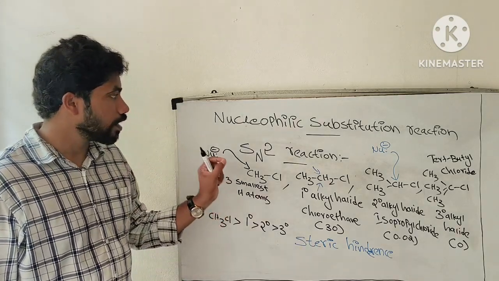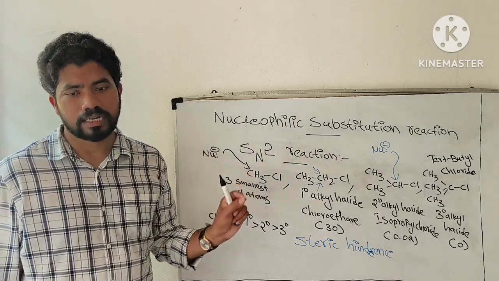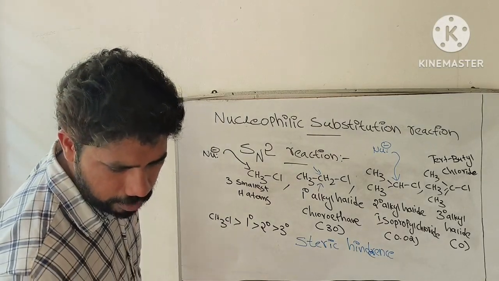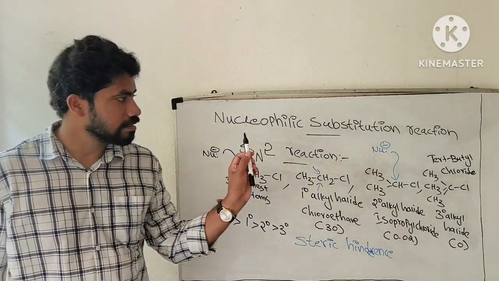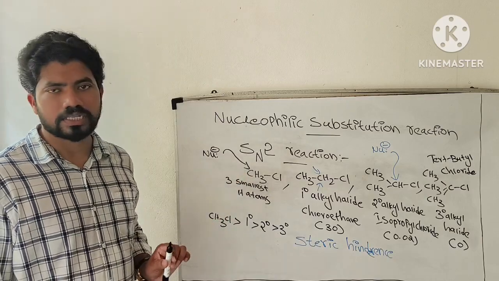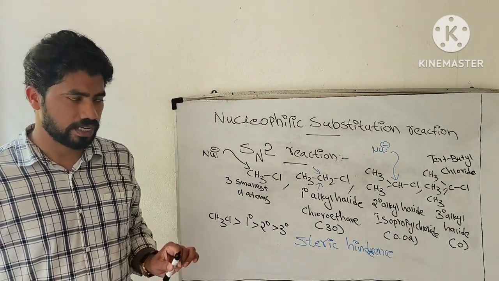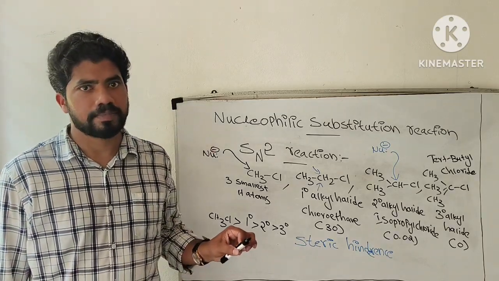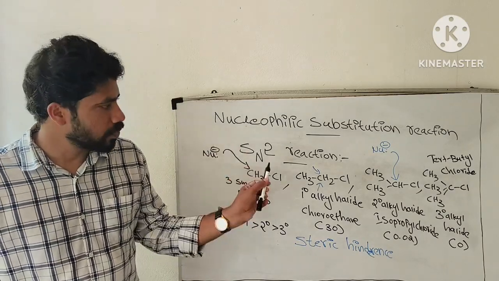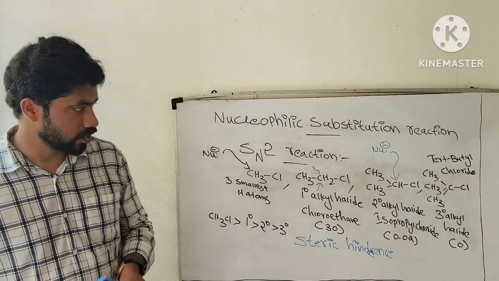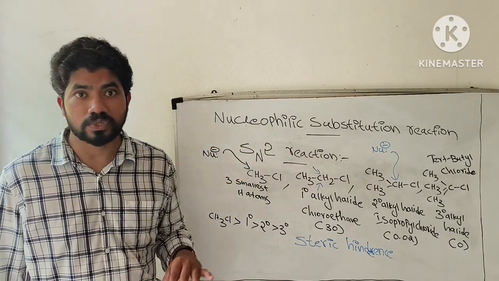And dear students, now we are going to discuss SN1 reaction. Don't forget that the stereochemistry of SN2 reaction is inversion of configuration, as I already told you in the mechanism. So what are the characteristics of SN2 reaction?